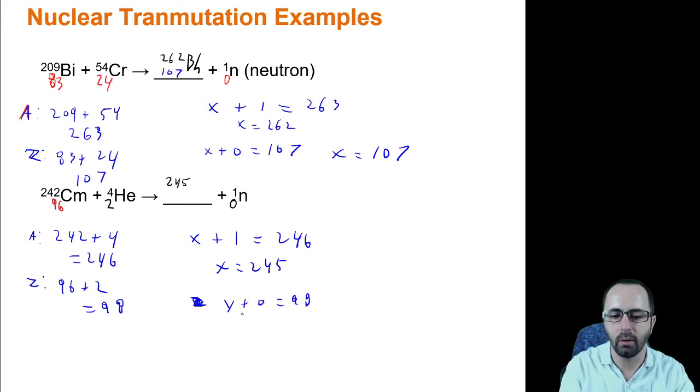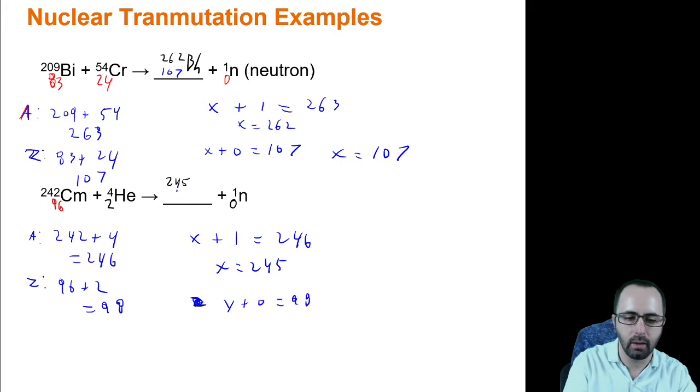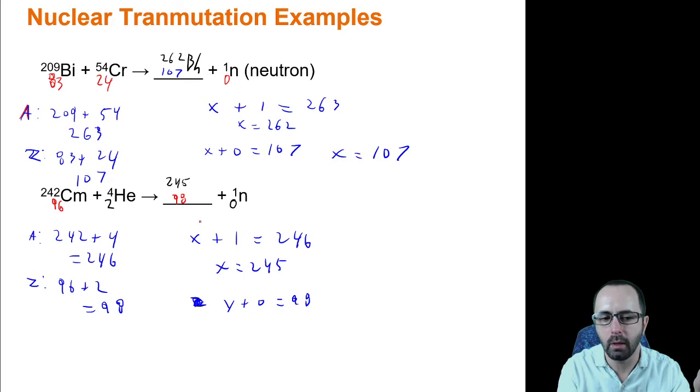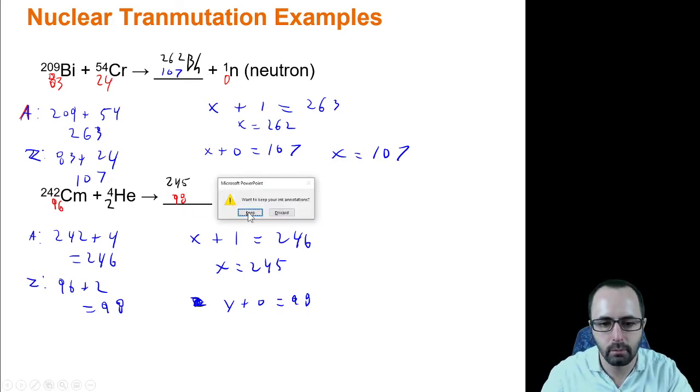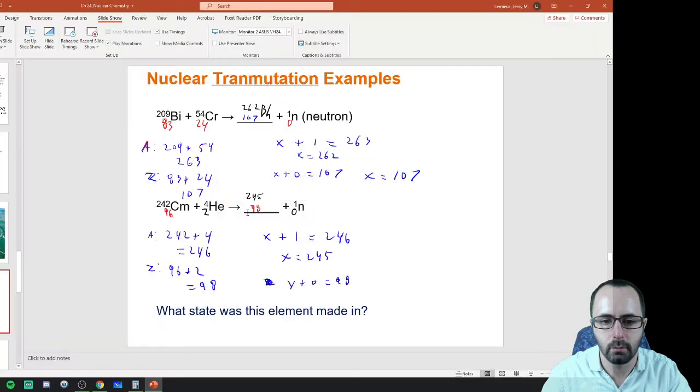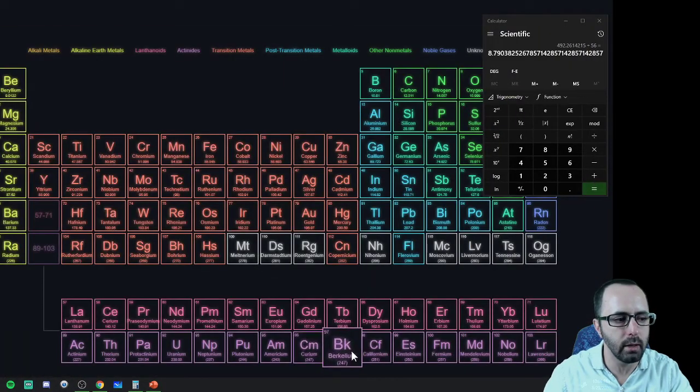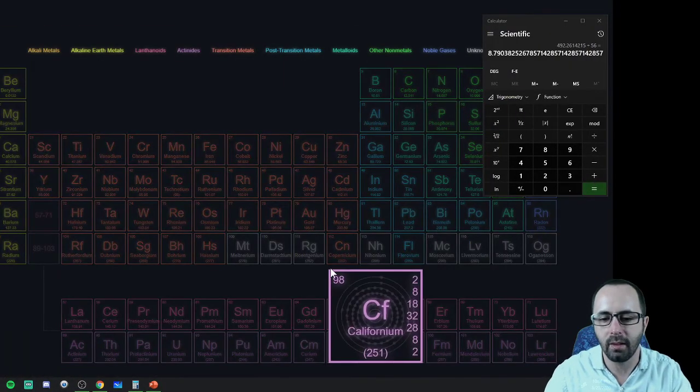Well, obviously, y is 98 here. So 98. So we just have to figure out what element is element 98 now. We go to our periodic table, look for element 98. It's 2 over. It's californium, Cf.